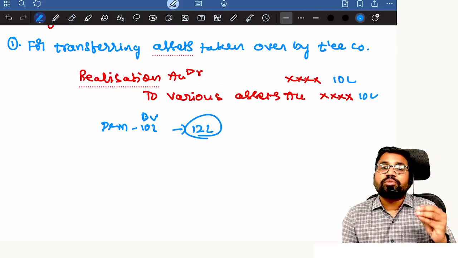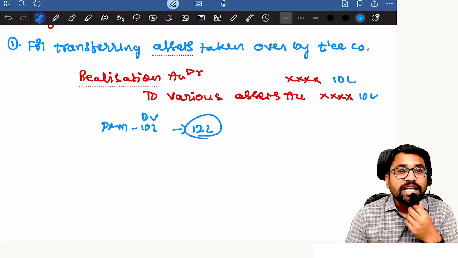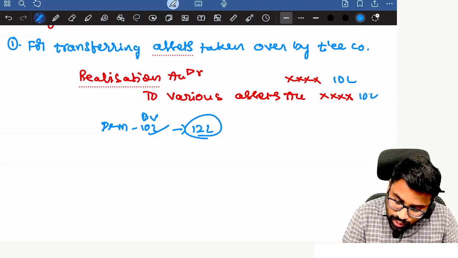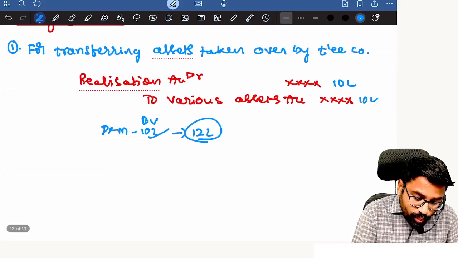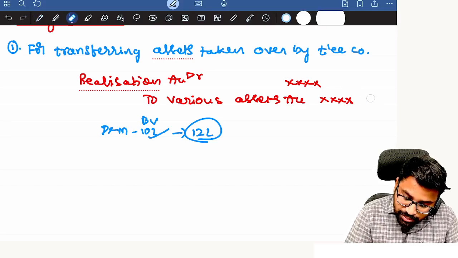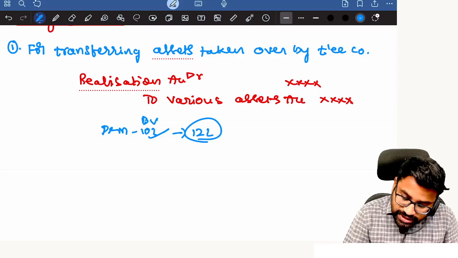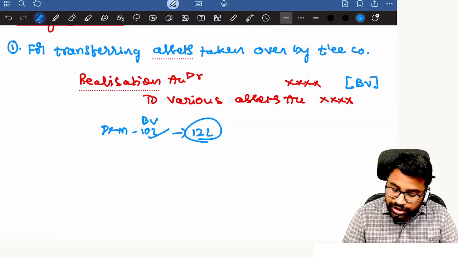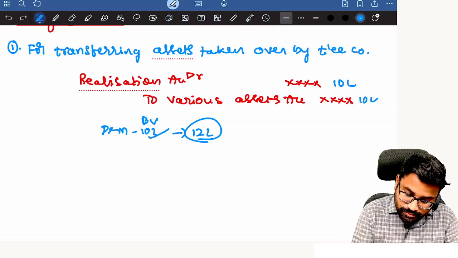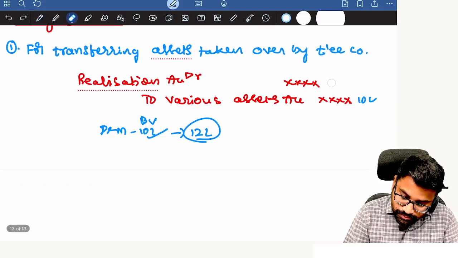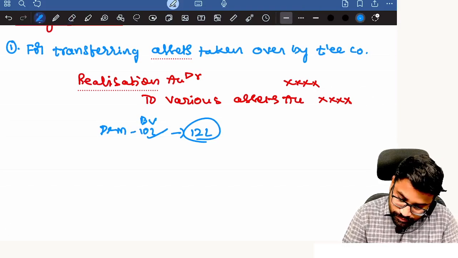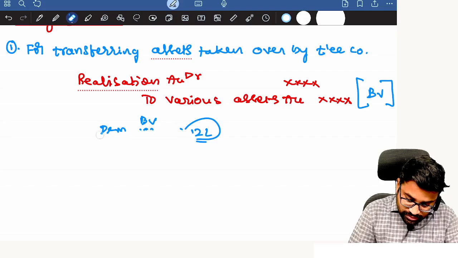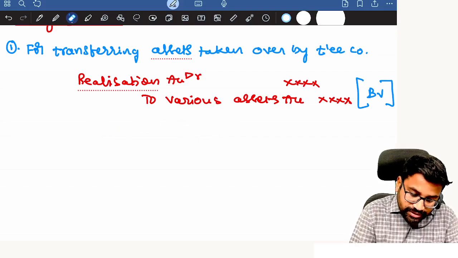Sir, you are closing the books of which company? Transferor. In transferor books, what is the book value? 10 lakhs. So you need to close at 10 lakhs only. That is book value. Always remember, book value we need to take to close the assets which is taken by transferee company.